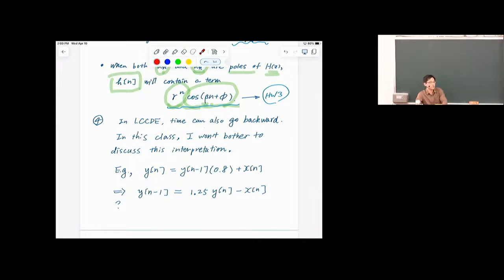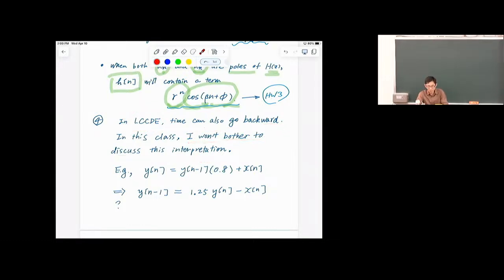Time can also go backward because the difference equation by itself does not specify whether time is going to go forward or backward. It depends how you use it. So I want to summarize by mentioning that time can also go backward in any given difference equation, even though I won't bother to discuss this interpretation.